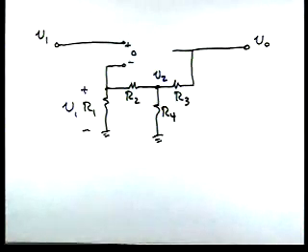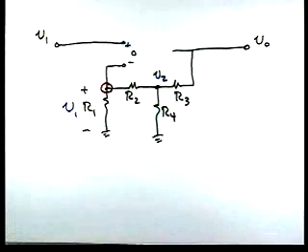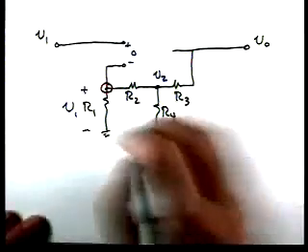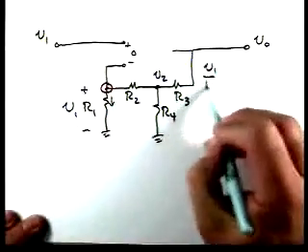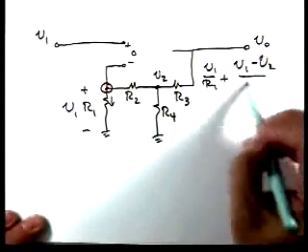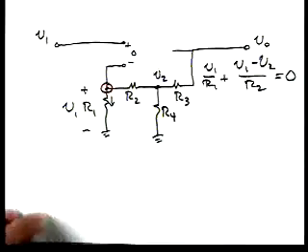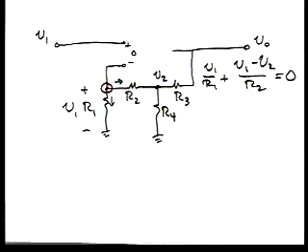So let's start and apply Kirchhoff's current law at that node, and if we do, we'll have, since we're doing nodal analysis, V1 over R1 plus V1 minus V2 over R2 equal to 0. So those are two currents leaving.